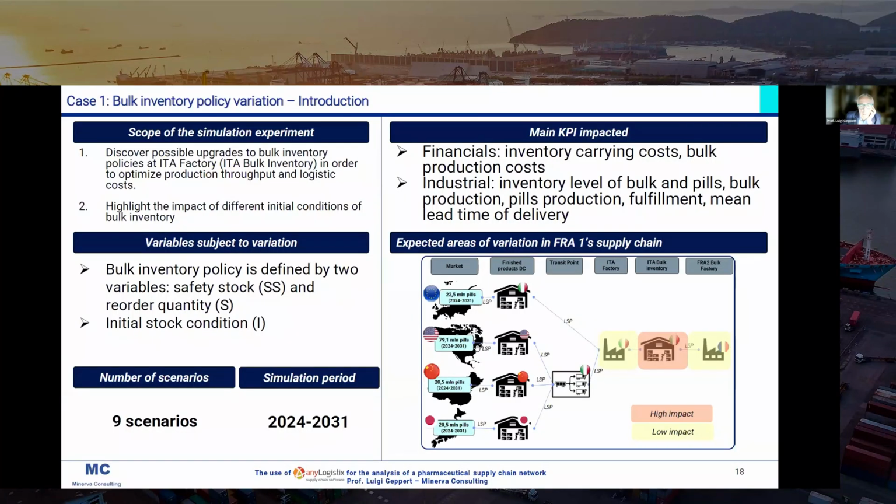And the bulk inventory policy variation is very important, probably the most important experiment in terms of cost and its impact on the profit and loss sheet, because the analysis of the inventory policy has a high impact, especially in the Italian bulk inventory, because they have to transform the bulk into pills while respecting the service level, and also the value time that we have seen in the value stream mapping.